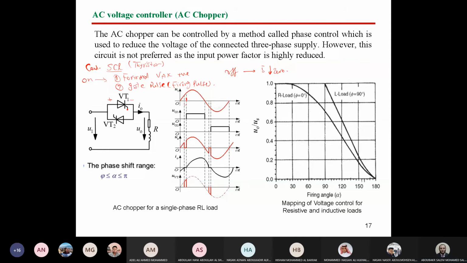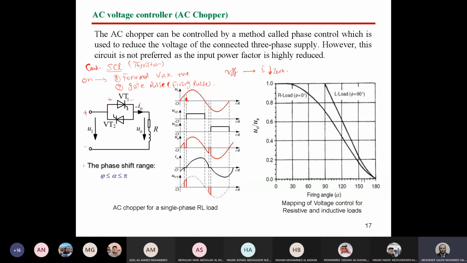So U1 is positive here and negative there, so this is positive, this is negative. VT1 is forward biased. VT2 is reverse biased. So if you have a pulse now on VT1, it will be turned on.